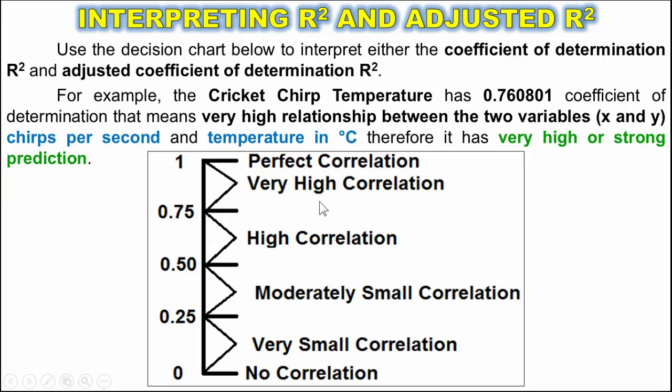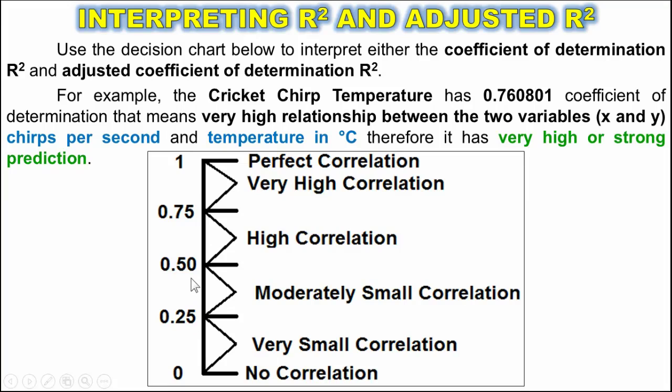A value of 0 indicates no correlation between the x and y variables. An R square containing a value of 1 means it is a perfect correlation. An R square that falls within the range from 0.75 to 1 indicates very high correlation.